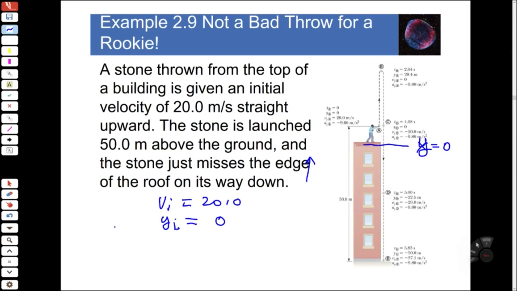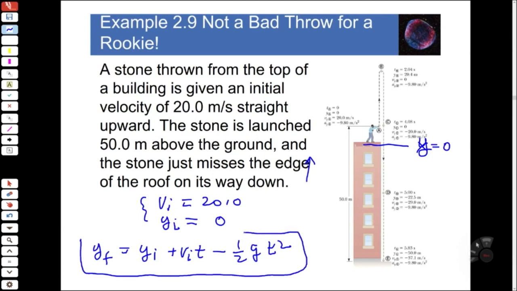So from these two initial conditions, since this is a constant acceleration motion, you have y final is equal to y initial plus v_initial times t minus 1/2 g t squared. So you can use this formula to solve anything.